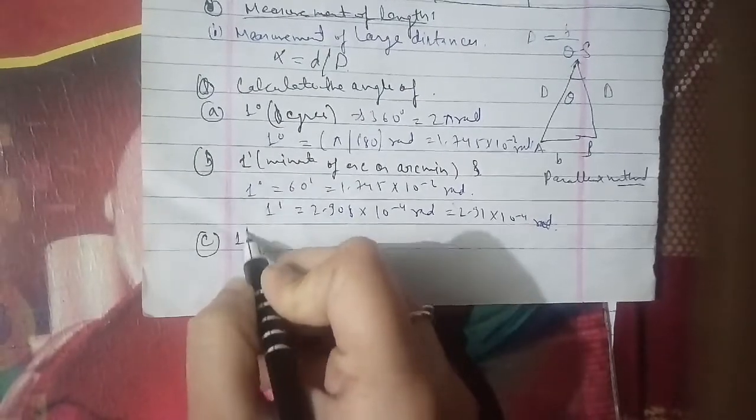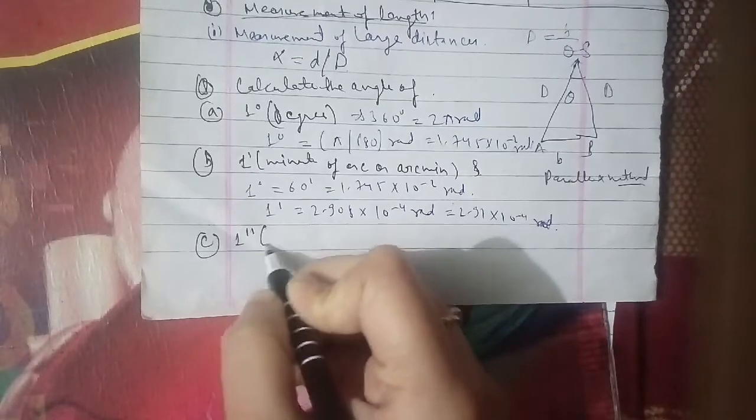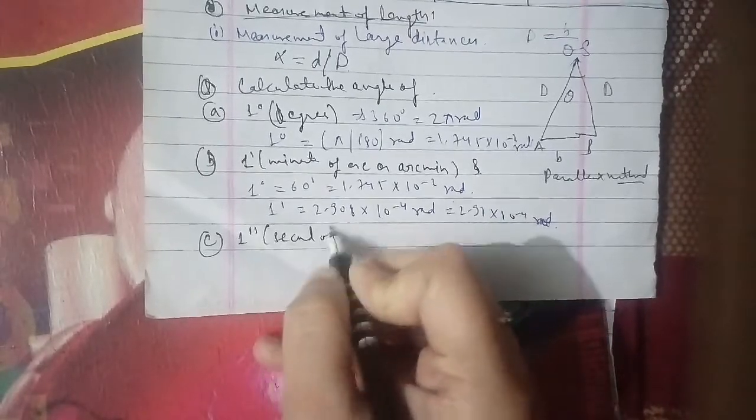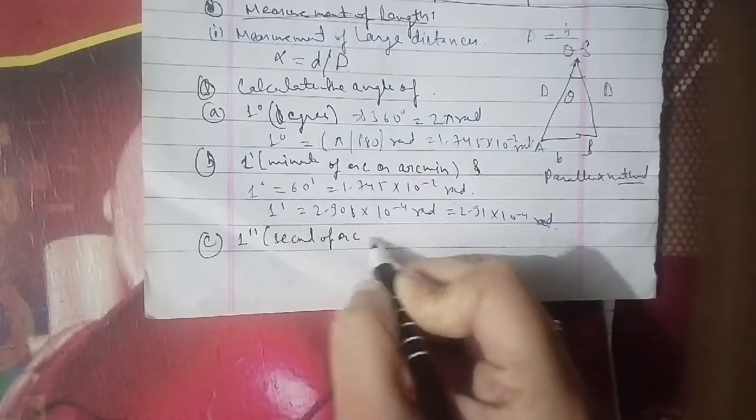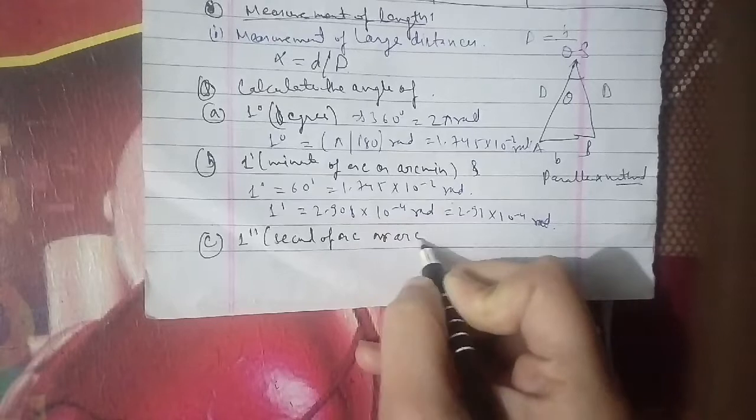Use 360 degree equals 2 pi radian, which gives 1 degree equals 60 minutes, and 1 minute equals 60 seconds.